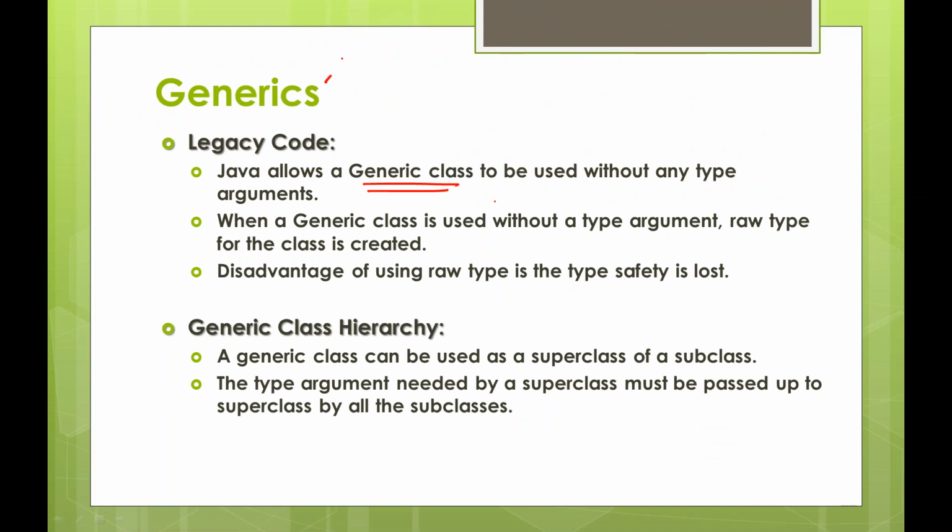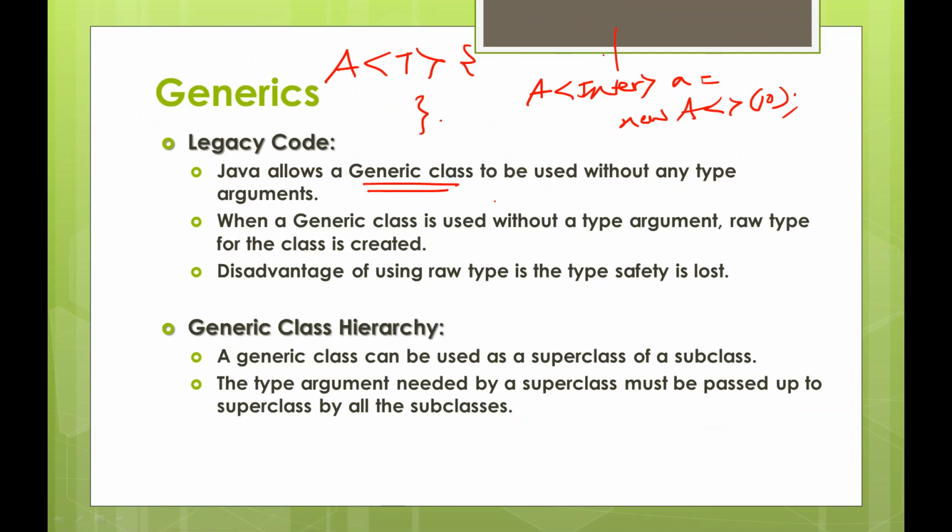Say for example, you have a class A of T. You can create an object, let us say I am passing an integer, a is equal to new A of Integer, 10. This is not mandatory. You can just create a is equal to new A of 10. No need to use these things.